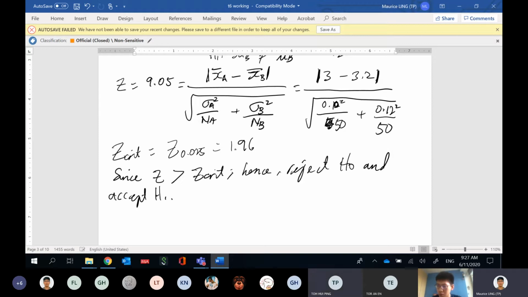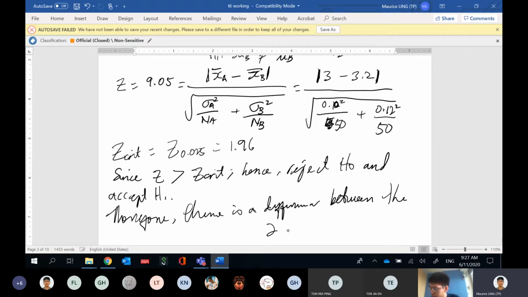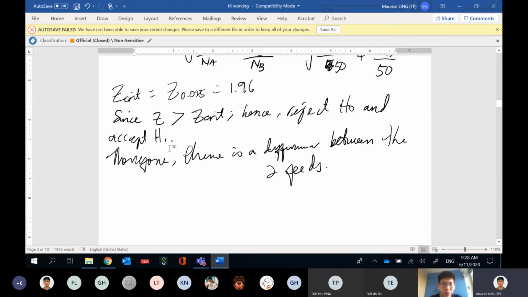So what does the alternate hypothesis mean? There's a difference between the two feeds that will affect the growth. Therefore, there is a difference between the two brands of feeds. Correct. Okay, very good.